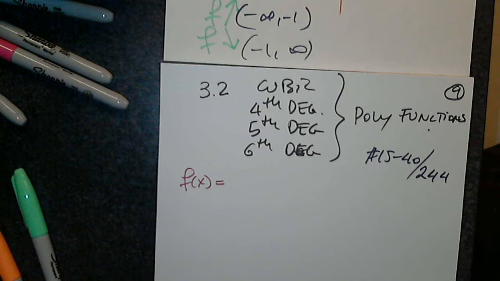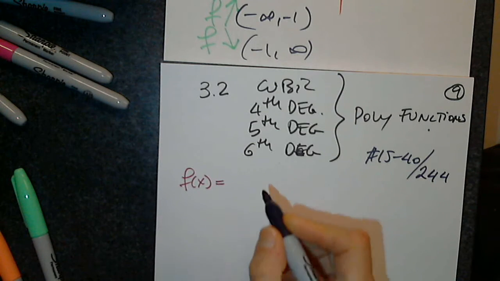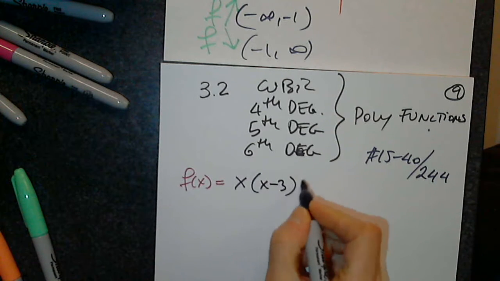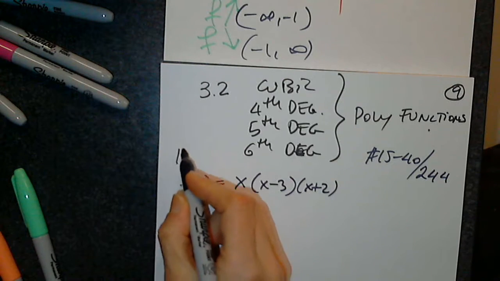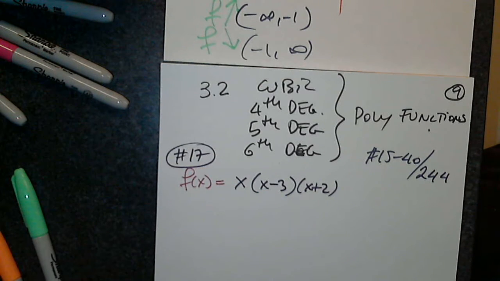Can anyone choose a cubic function for us? Number 17. It is cubic. (17) f of x equals x times x minus 3 times x plus 2.